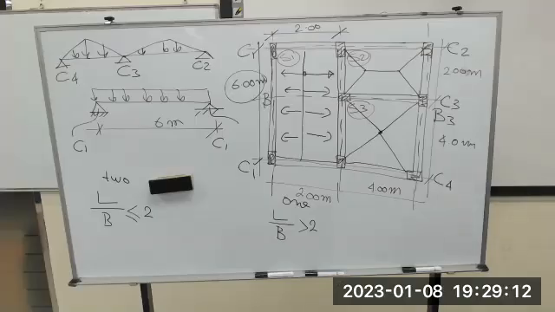Square column, using supporting system. What is the structure? Yes, slab.